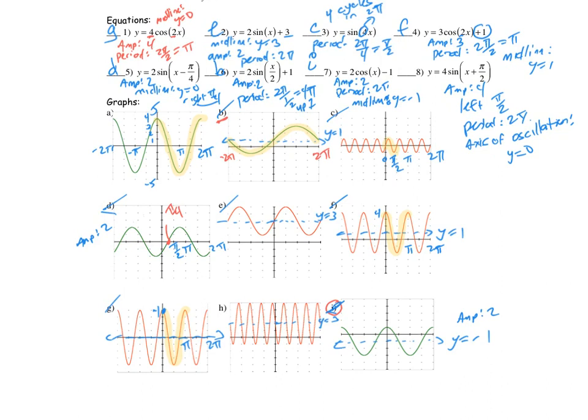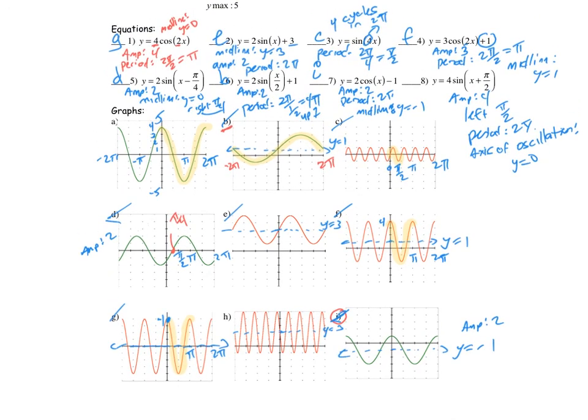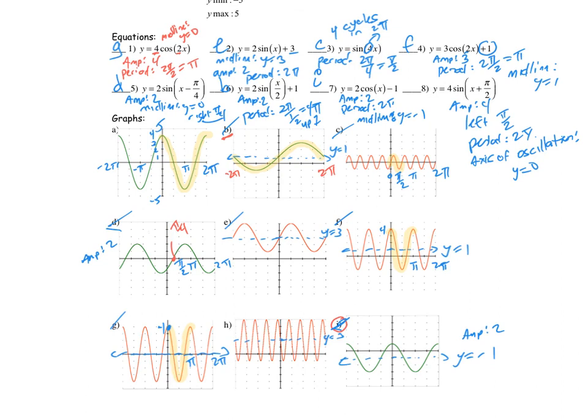So it should be going through the midline, pi over 2 units to the left of the origin. And we need an axis of oscillation of y equals 0. I think the only graph that's left with an axis of oscillation of y equals 0 is A. So let's make sure that A works.